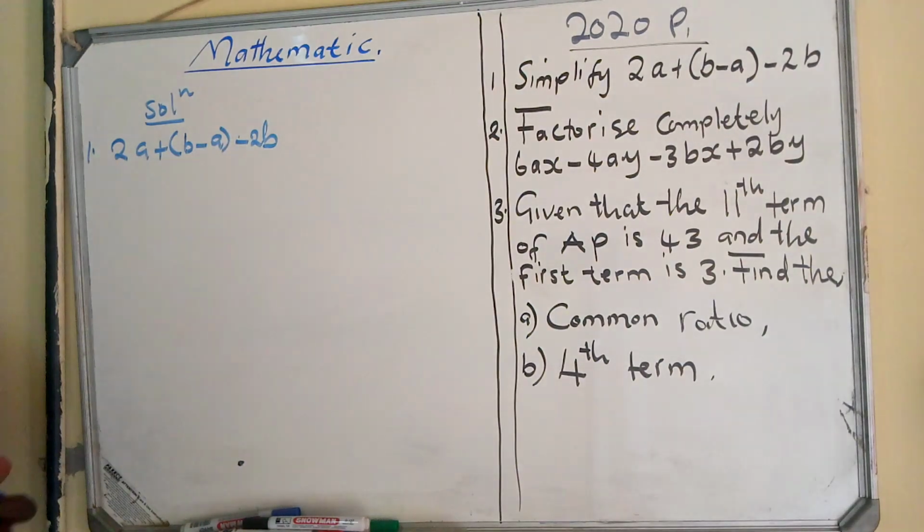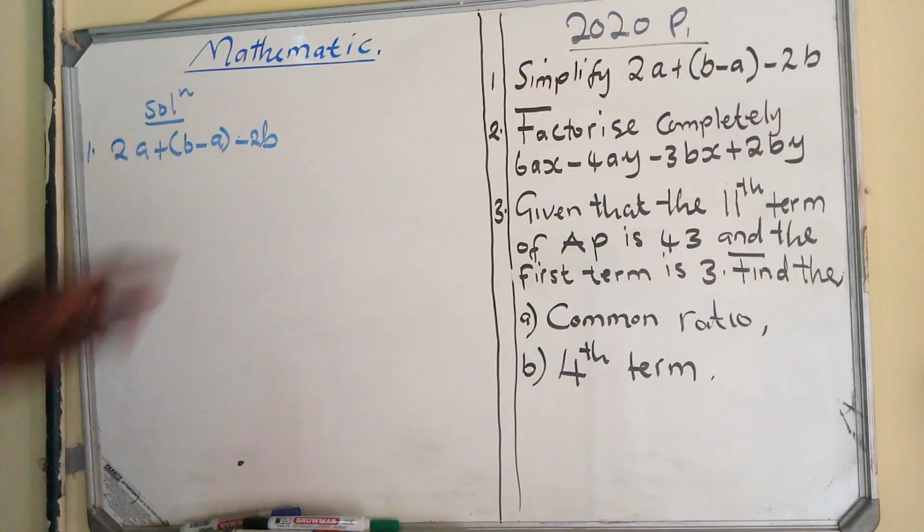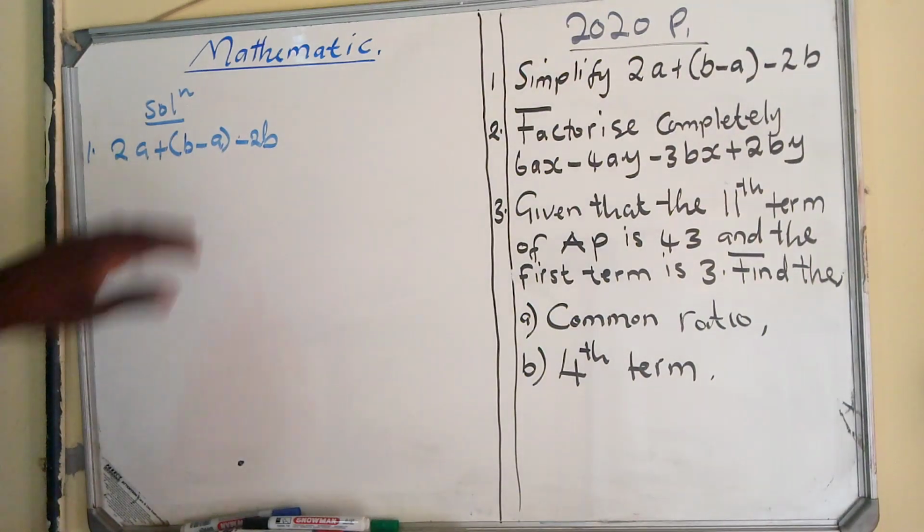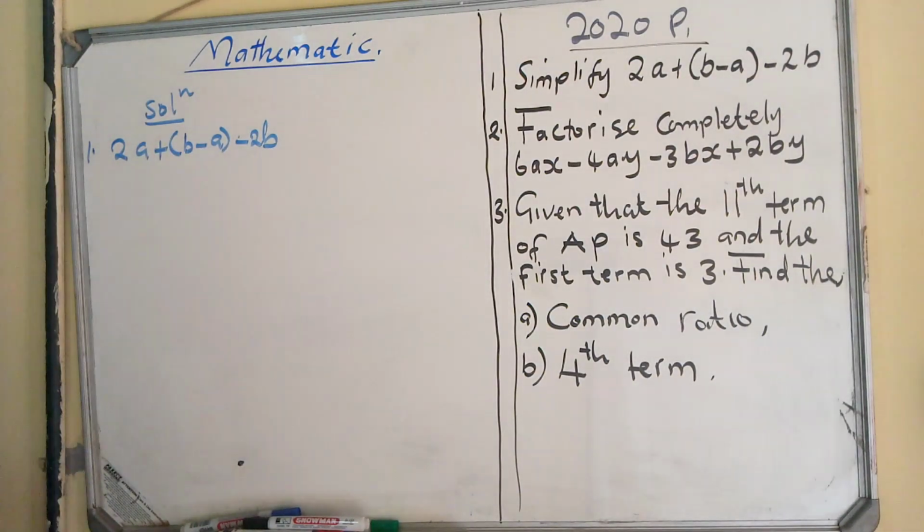As you know, according to BODMAS, you deal with the brackets first. So we have to remove the brackets first. And how do we remove the brackets? We remove the brackets by multiplying the number or the sign that is coming immediately before the bracket, not after the bracket, but immediately before the bracket. That can be either a number or a sign.